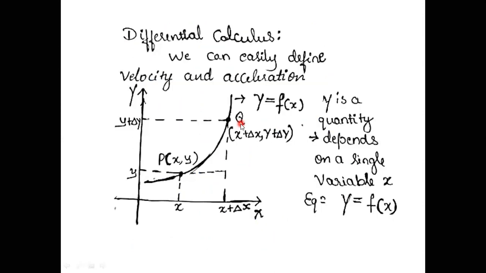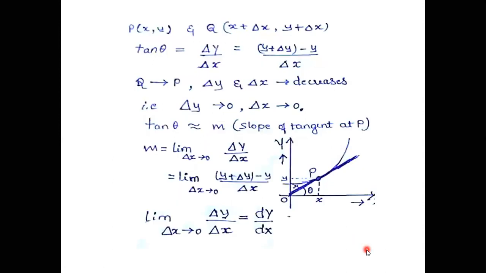So here, if Q moves toward P, if the distance decreases, this value starts to decrease. That is nothing but when Q tends to P, what happens?